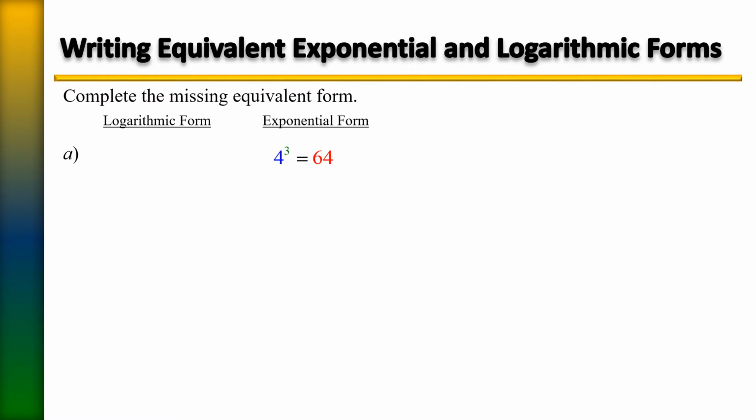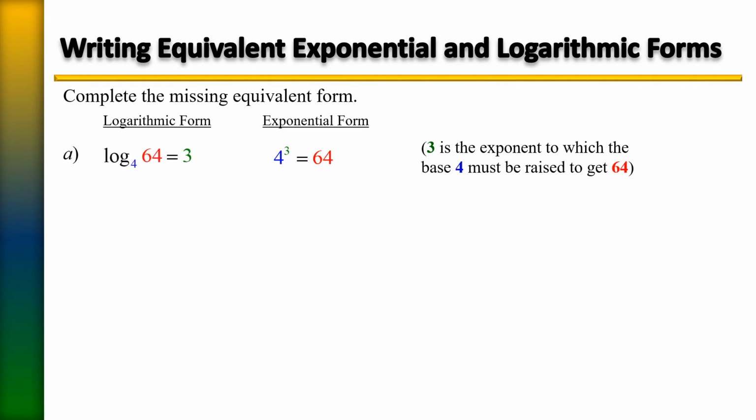That is the same thing as saying multiplying the number 4 three times will equal 64. So in this case, 3 is the exponent to which the base 4 is raised in order to get 64. So to write that in logarithmic form, we would write it as log base 4 of 64 equals 3.